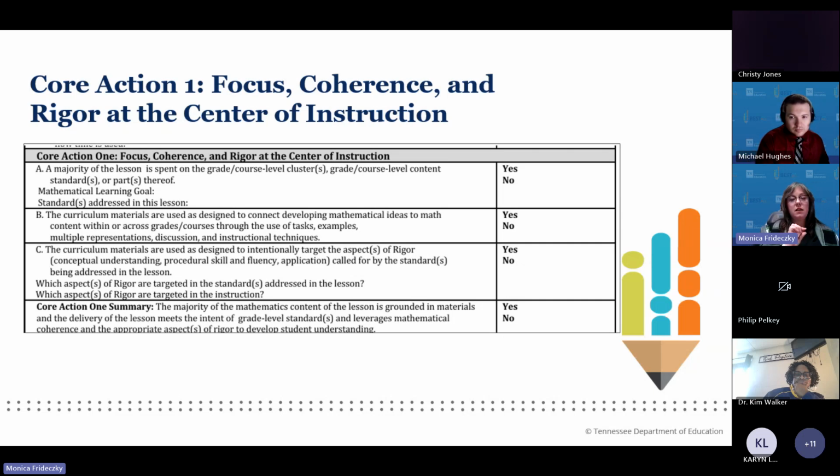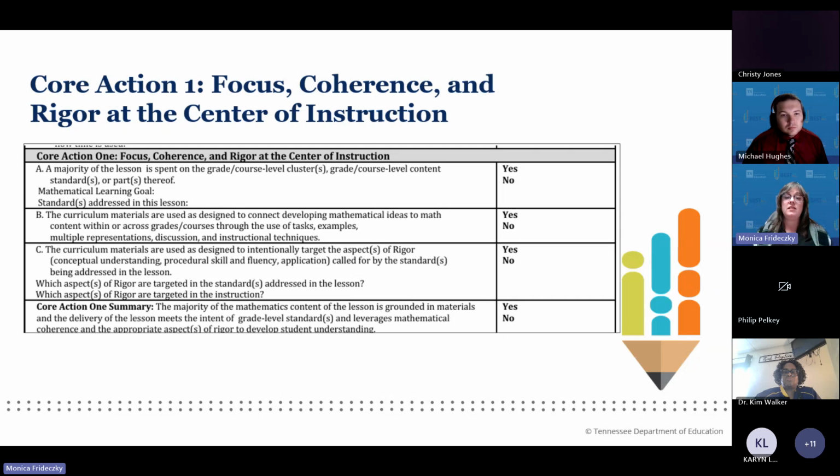Part B is coherence. This is one of the reasons high quality instructional materials has been so important and so pivotal to mathematics education, because these materials are designed to connect developing ideas in mathematics, connections, developing ideas in the current year, even the current unit, and prior years, and building on those for future lessons and future years, instead of the opposite of that, which is teaching and learning math concepts in isolation.